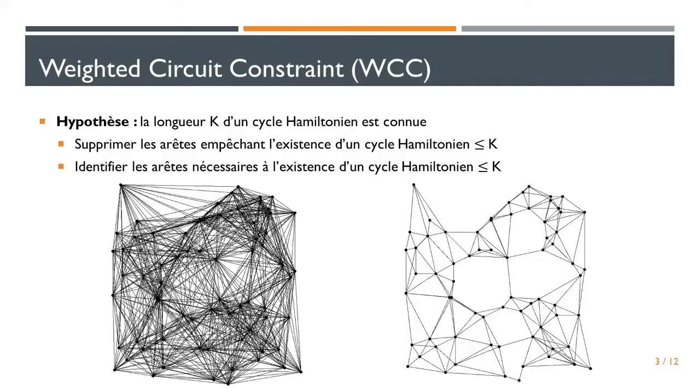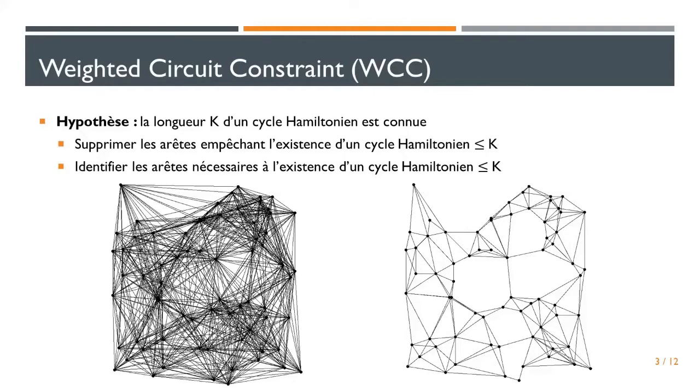Now, with some algorithms that I will not explain here, we can remove edges preventing the existence of a Hamiltonian cycle lower or equal to k and identify mandatory edges for the existence of a Hamiltonian cycle lower or equal to k. It allows us to take the left graph, apply this process with those filtering algorithms, and obtain the right graph.